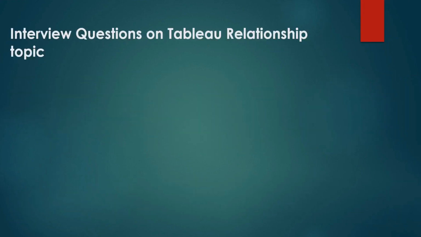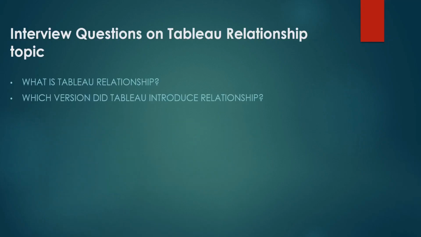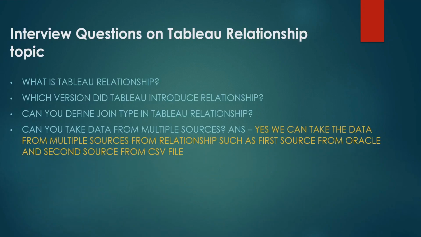Now coming back to our interview questions on this Tableau relationship topic. Definitely you will have a question on the definition of relationship, then in what version did Tableau introduce relationship, then can you define a join type in Tableau relationship, then can you take data from multiple sources. The answer is yes, we can take data from multiple sources for a relationship, such as the first source could be your Oracle, and the second could be your CSV file.